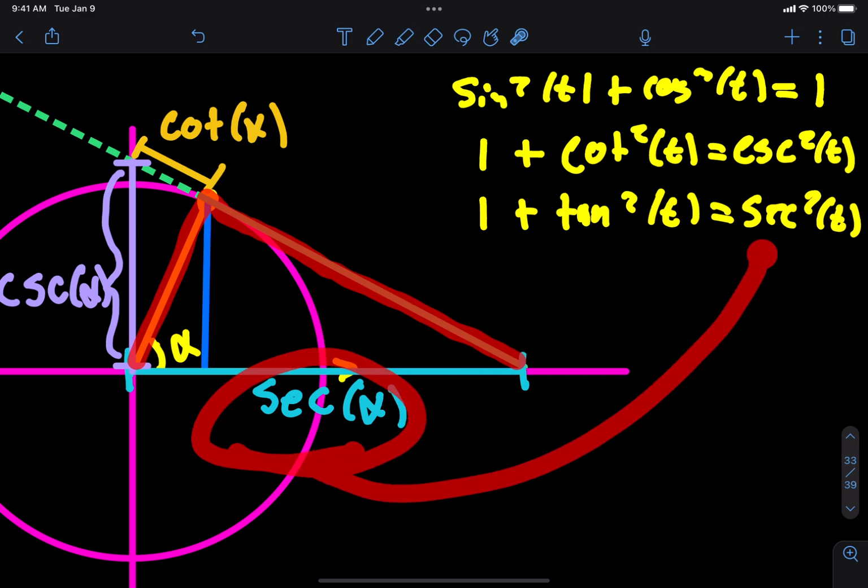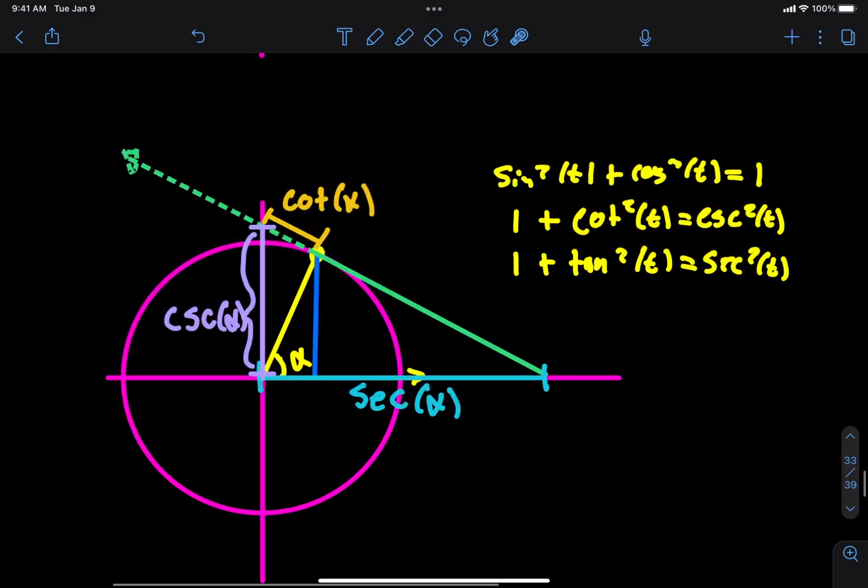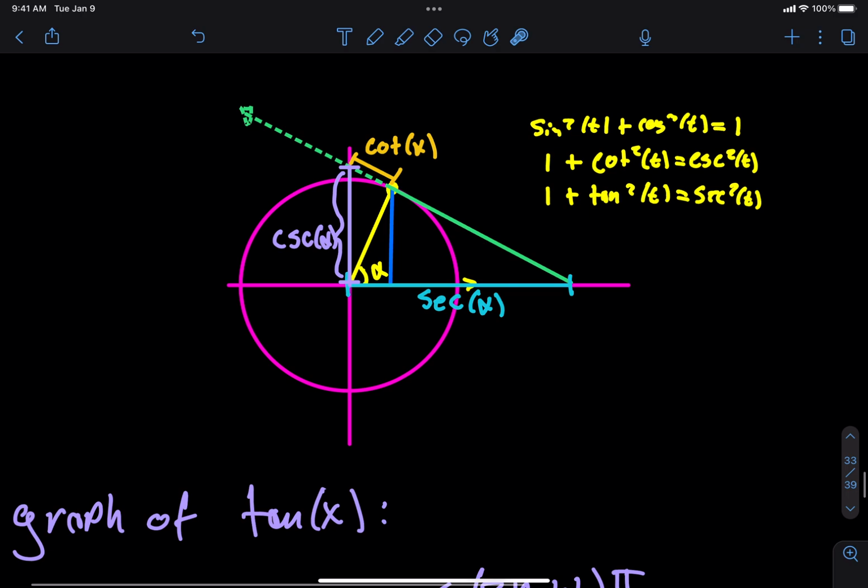So the short leg squared plus the short leg squared equals the hypotenuse squared. This is nothing but the Pythagorean theorem for this triangle. Okay, so that's another different way in which you can visualize the Pythagorean identities. I think that's kind of a fun way to visualize that.